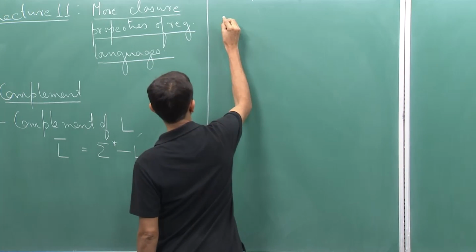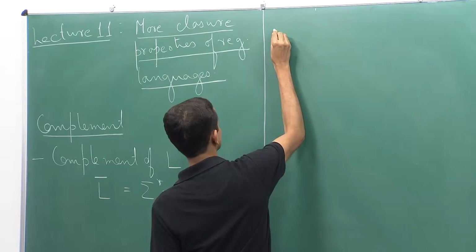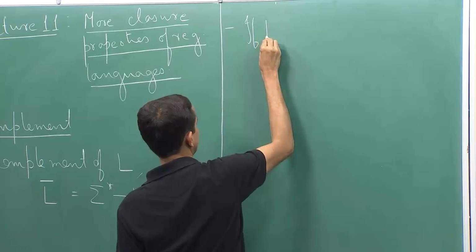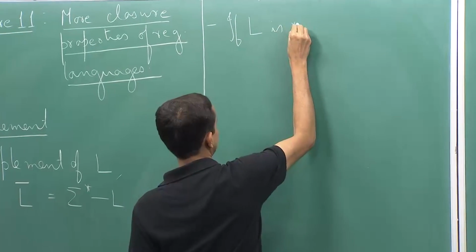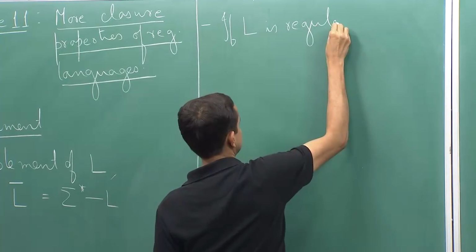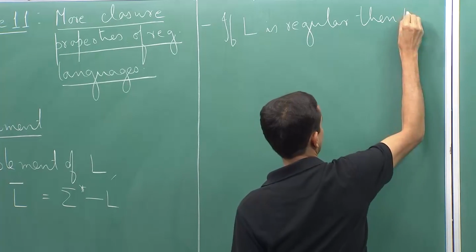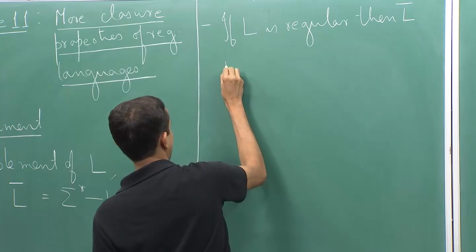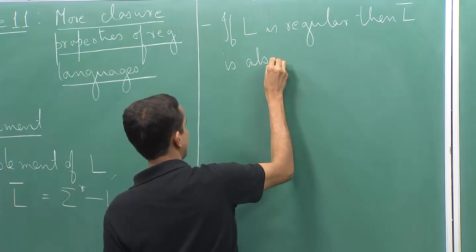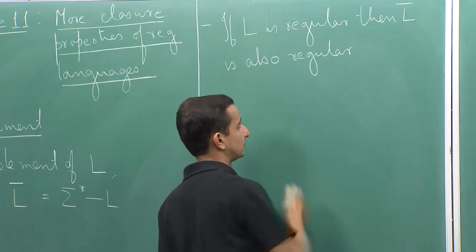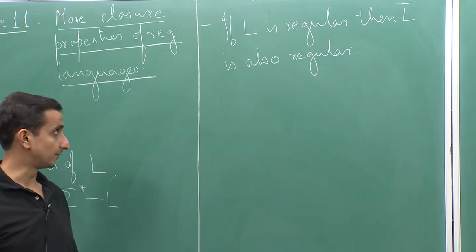So, if L is regular, then L bar is also regular. Okay, so, this is the first property.